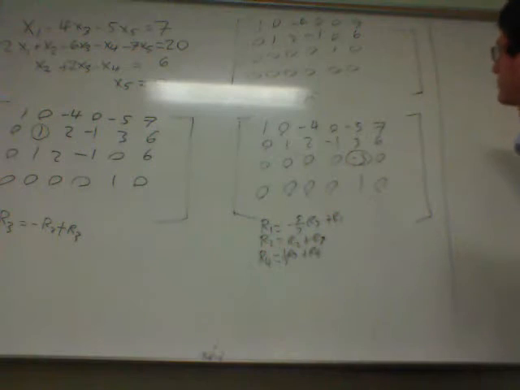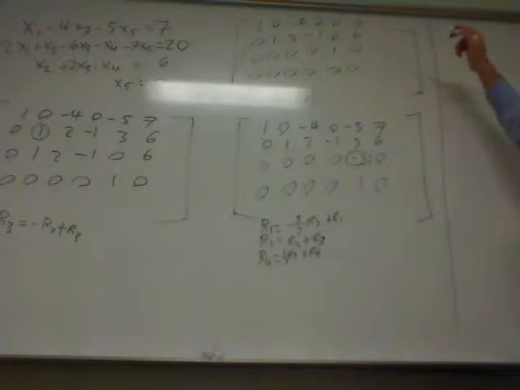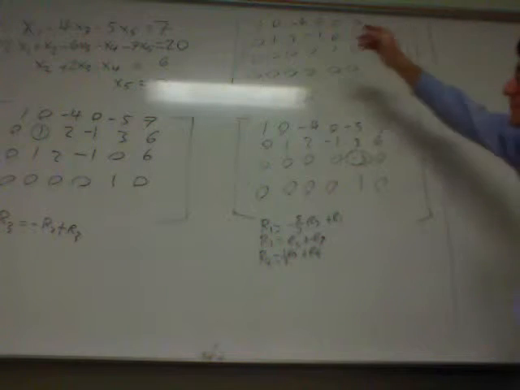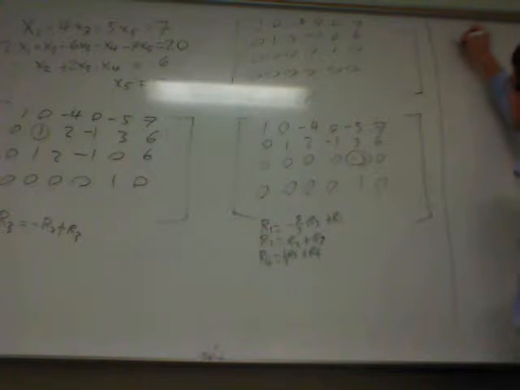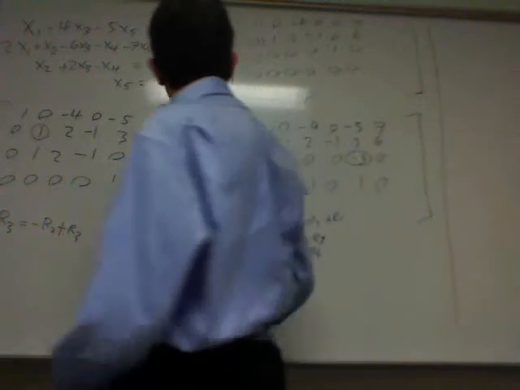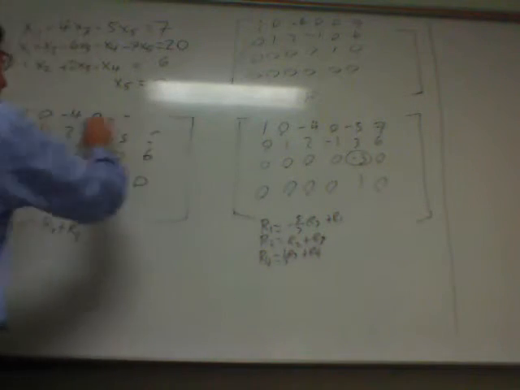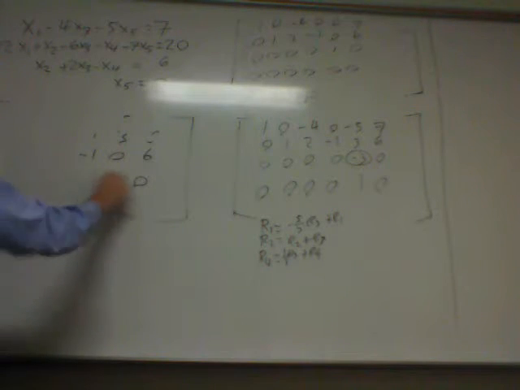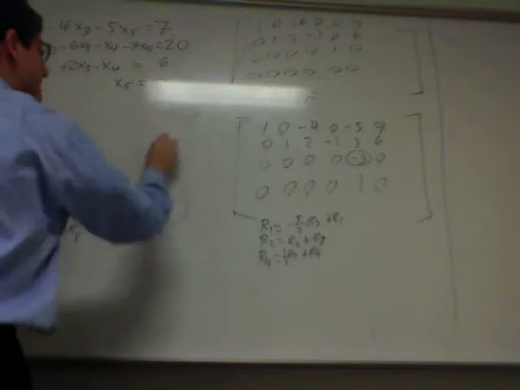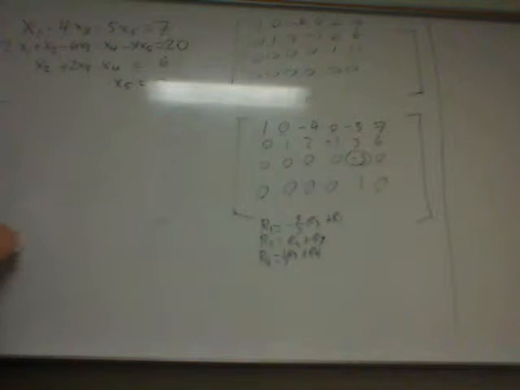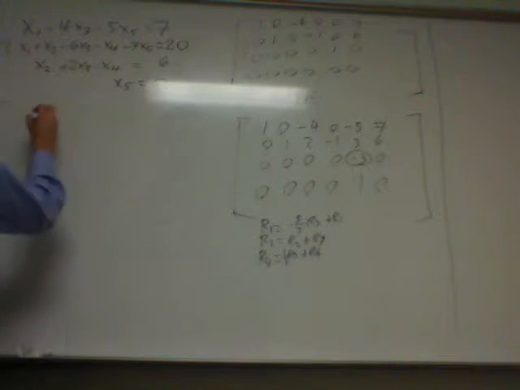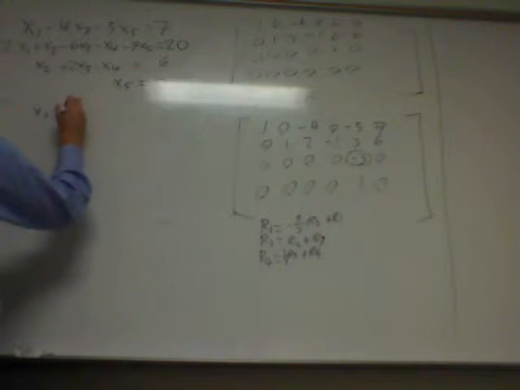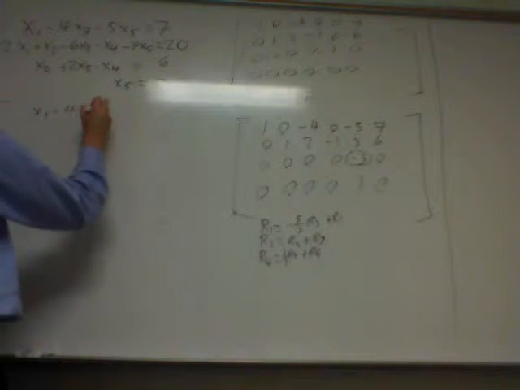Now I'm going to rewrite this back into a system of equations using the same variables. So this would be x1 minus 4x3 equals 7.